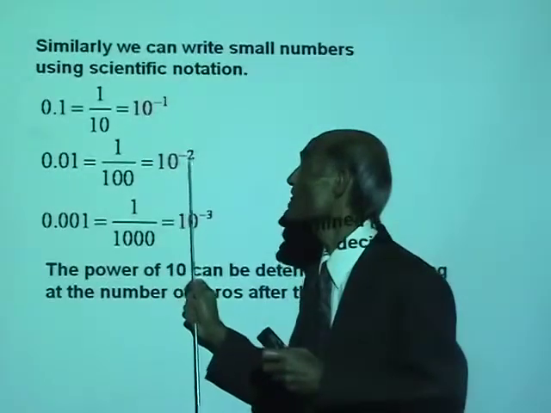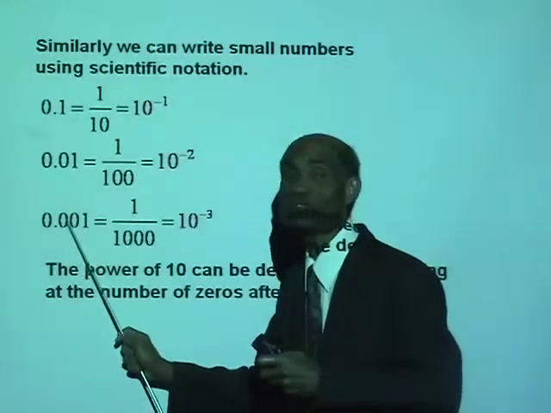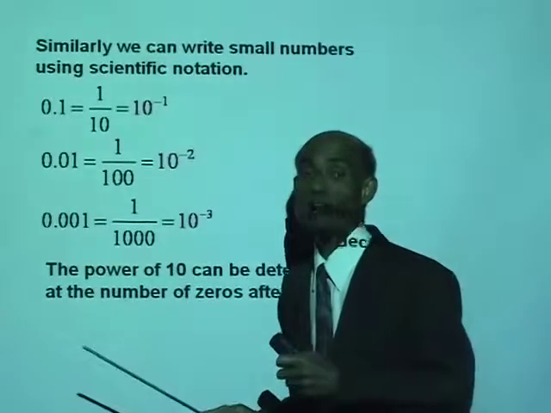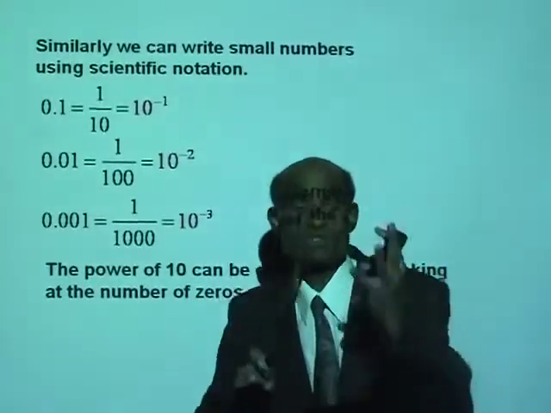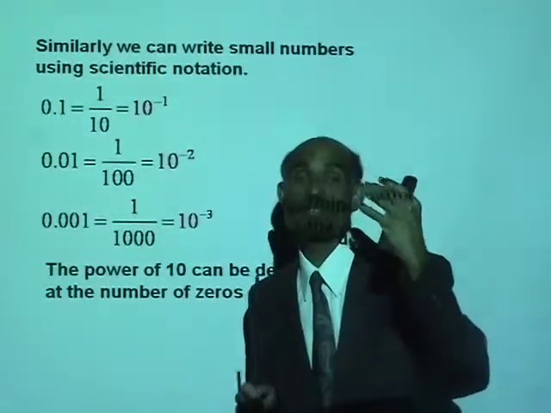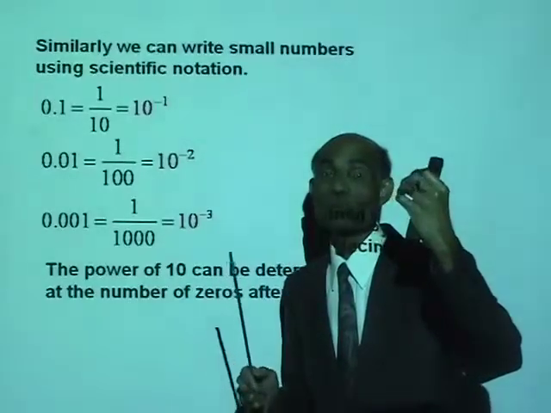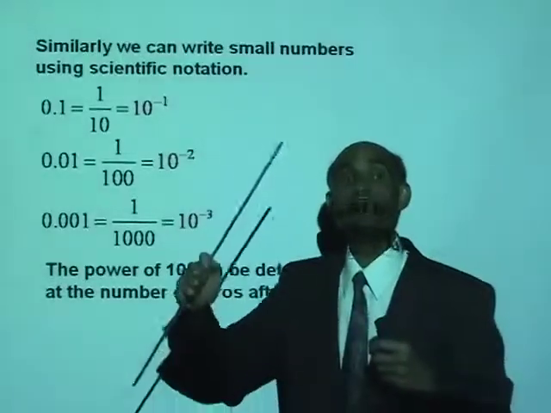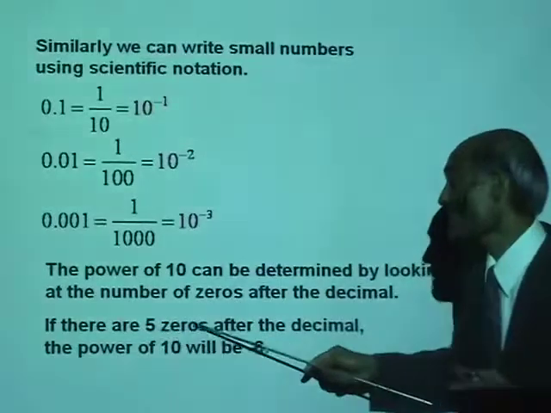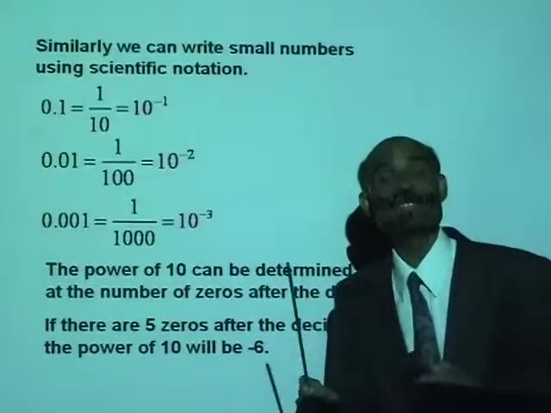The power is -2. Here we have 2 zeros after the decimal. The power is -3. So, how will you write 0.00001 in scientific form? If there are 4 zeros after the decimal, the power of 10 will be -5, and so on. If there are 5 zeros after the decimal, the power of 10 will be -6.